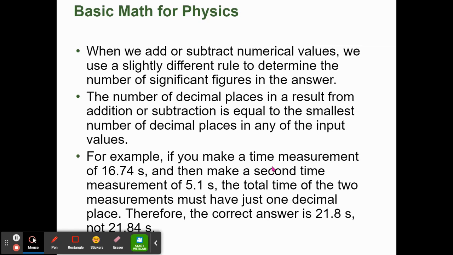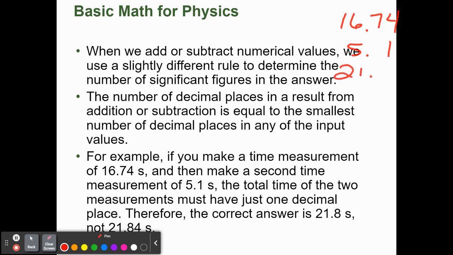So if we use their numbers again, we were to add up 16.74, 5.1, and 21.8. How many decimal places should my answer have? 1. Because 1 is the least number of decimal places in my measurements. So my answer should only have 1 decimal place. Good.